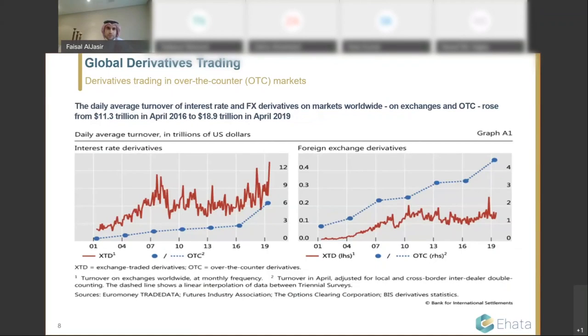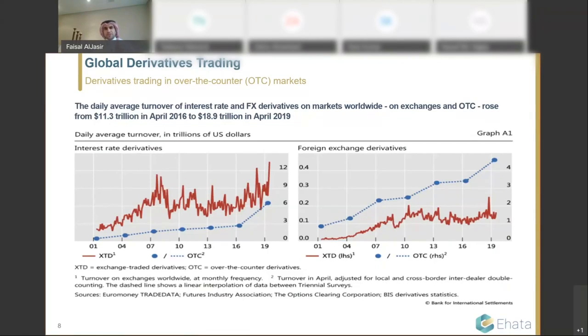Okay, so this slide gives us a glimpse of both the OTC market and the exchange-traded market.